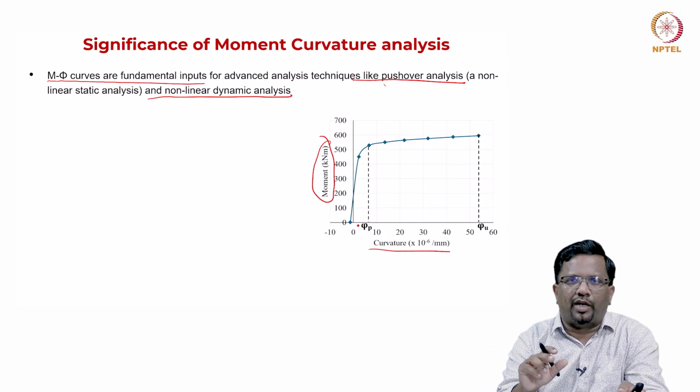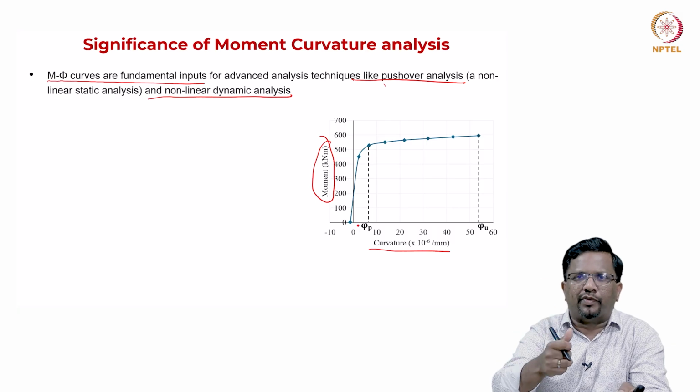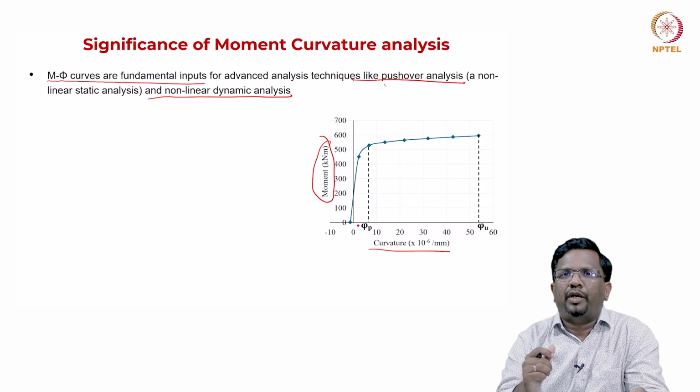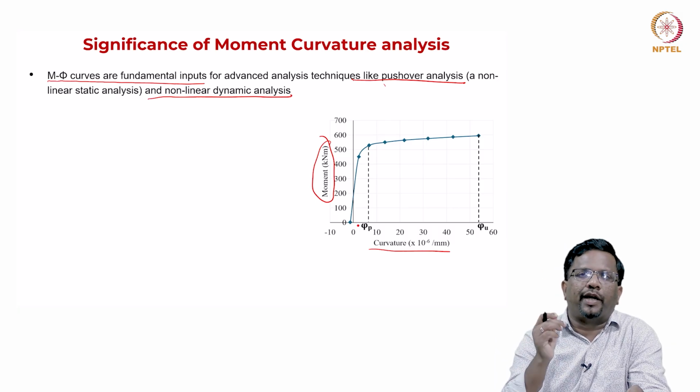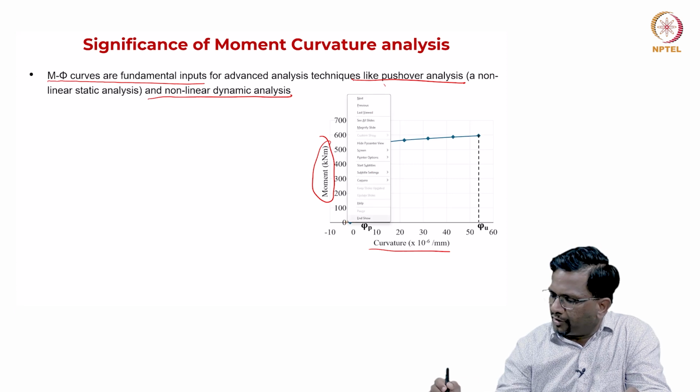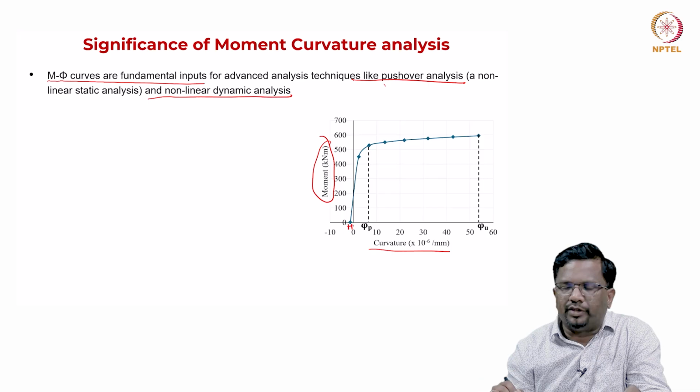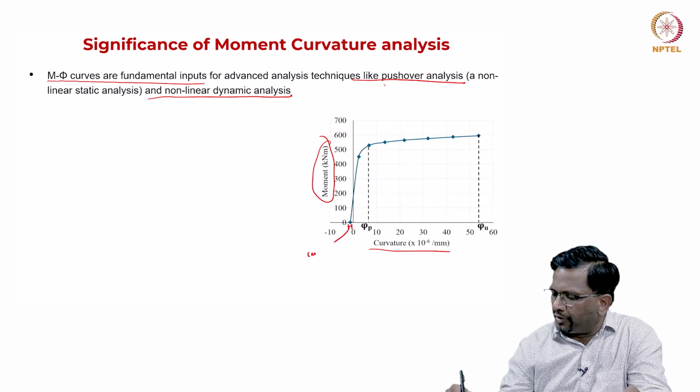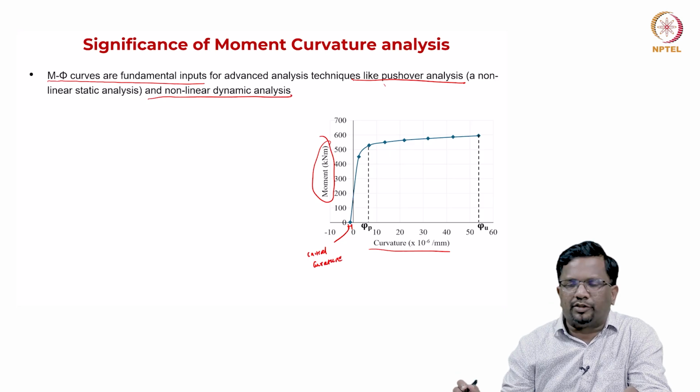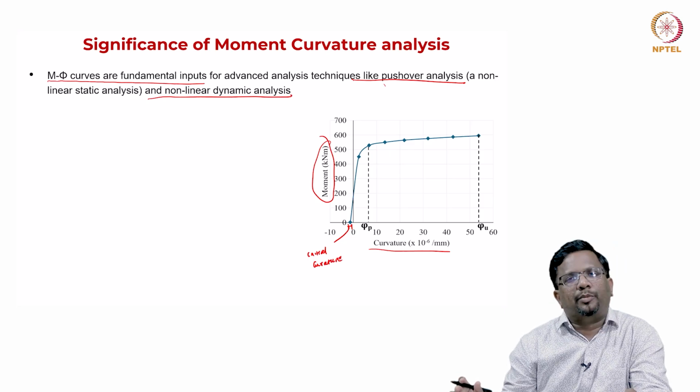So, the section will have some camber, that means the deflection will be on the upside and that will create a negative curvature. So, that is what you see here. This portion is actually the initial curvature that has to be taken into account. This is coming from the camber.